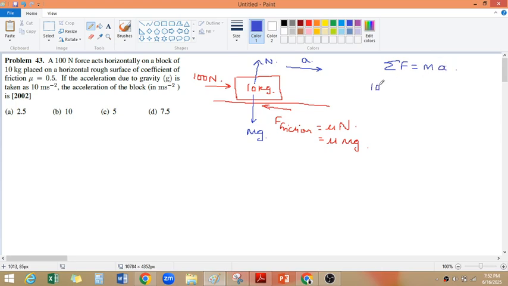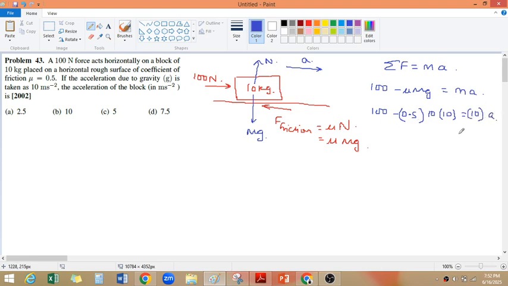So 100 Newton minus mu mg is equal to ma. So 100 minus 0.5 into mass 10 kg, gravity 10, equal to 10 times a. Acceleration is what is asked.